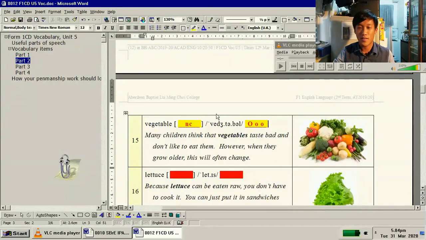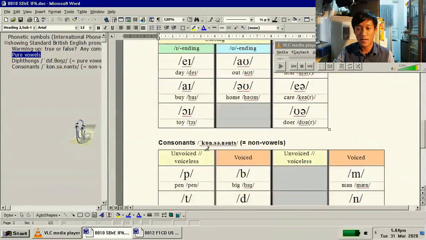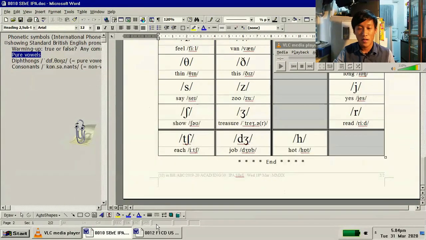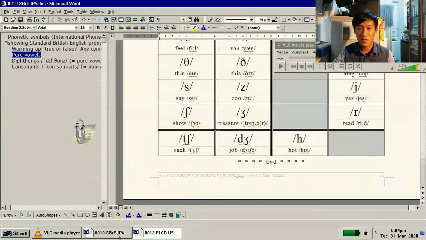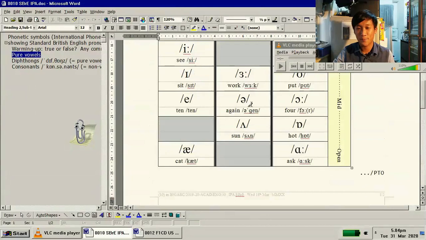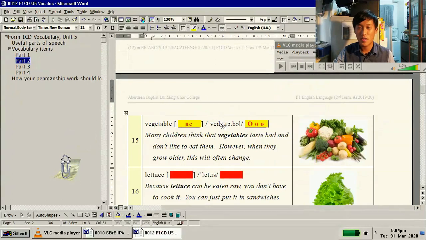The pronunciation given here is vegetable. The first syllable is veg, ending with the J sound, which we talked about just earlier. Some people like adding the ch sound after the j, which makes 1 more syllable, so there will be 4 syllables.